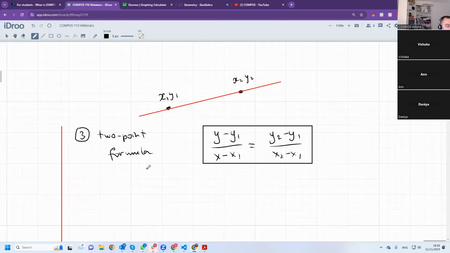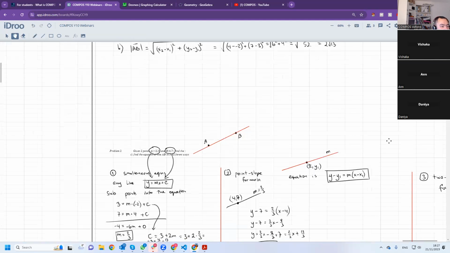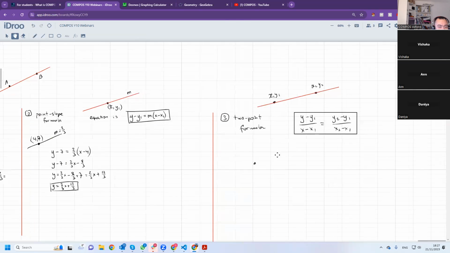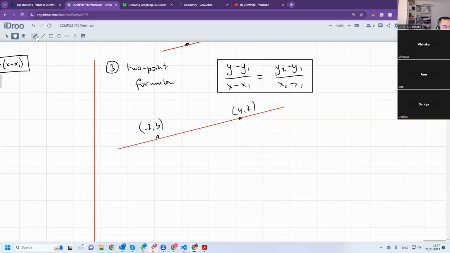And it is straightforward. You have 2 points, which I already forgot: minus 2, 3, and 4, 7. So you draw a line, and you just straightforwardly apply this formula.